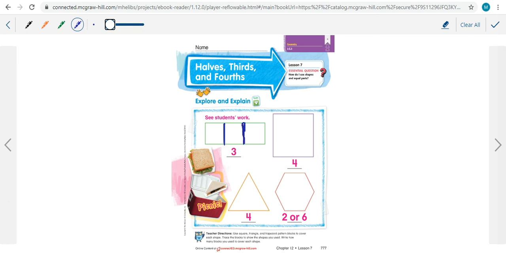3 equal parts. Now, what are we going to do with this big square in your book? We are going to divide it into 4 equal parts. Okay? Now, what are we going to do with the triangle? We're going to divide the triangle into 4 equal parts.